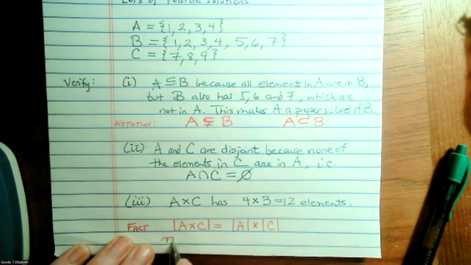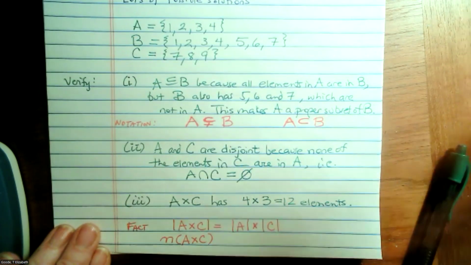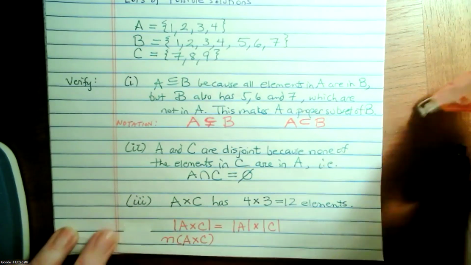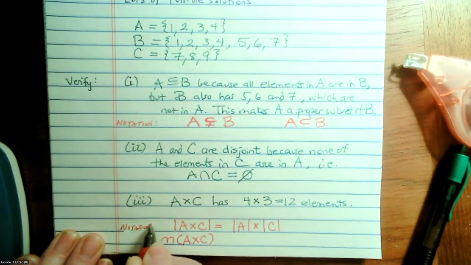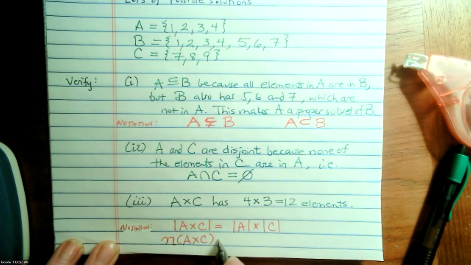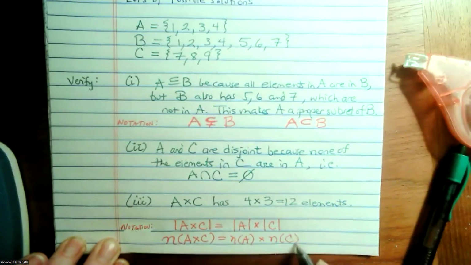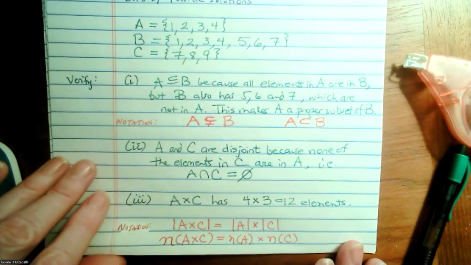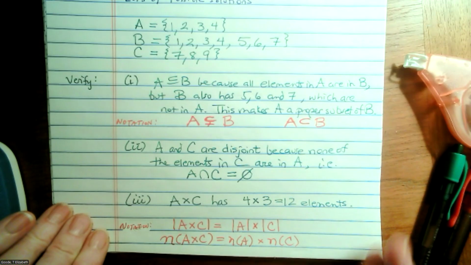Sometimes people use this notation, the size n of A cross C. These are different little notation things. Some people use absolute values to denote the size of. Some people say n of, it's n of A times n of C. Just multiply the sizes together. Okay, just a little notational stuff for you there for future reference.